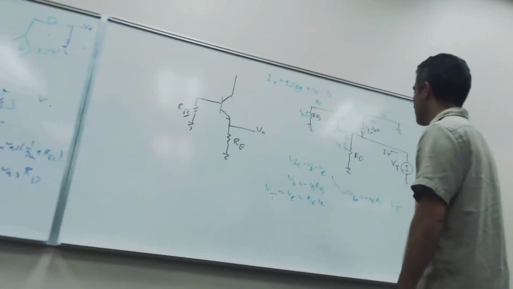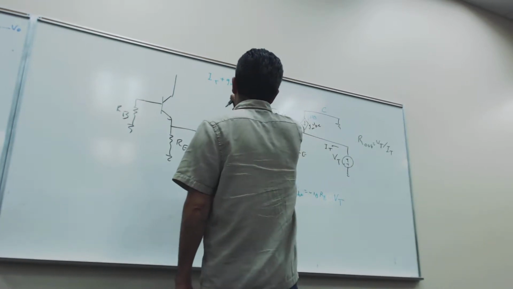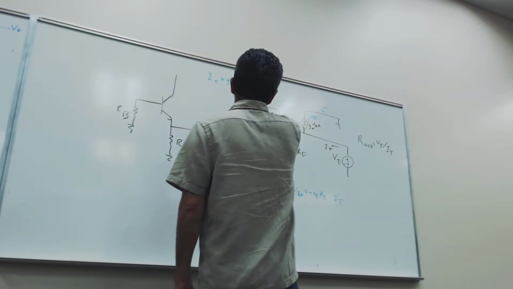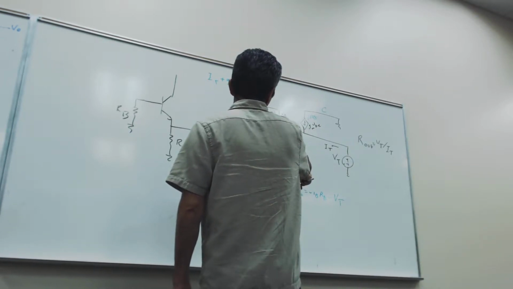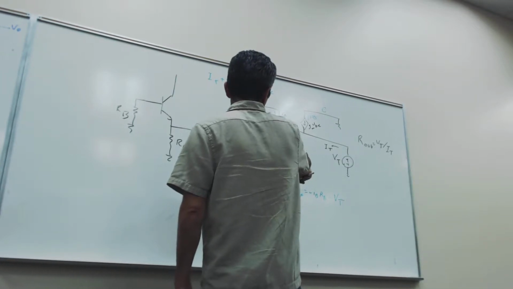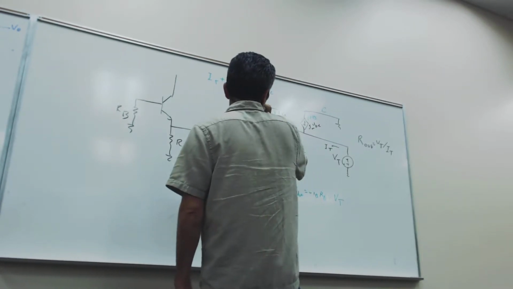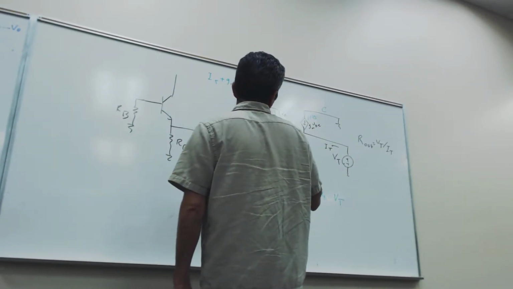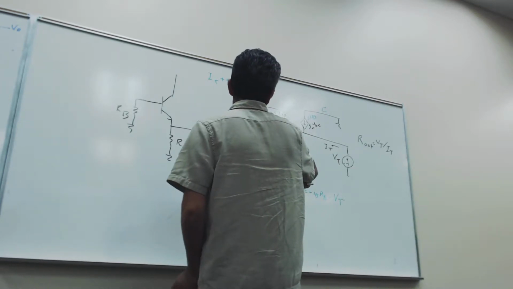I want to find everything as a function of VT and IT in order to be able to divide them. So I have my IT, VBE is still not quite there. I need to do something about IB to get rid of IB over there. And then I have IB itself.